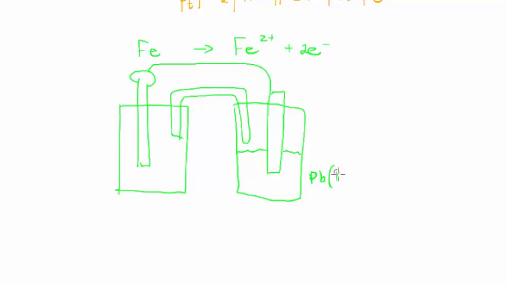And this is Pb(NO3)2, where we have Pb2+. This Pb2+ is attracting electrons from iron strongly enough so that iron is giving away electrons. So this is the anode. That's the cathode.